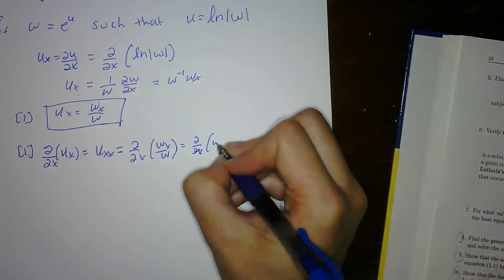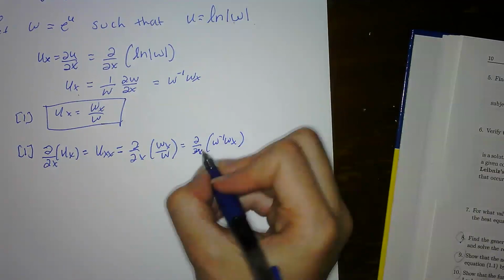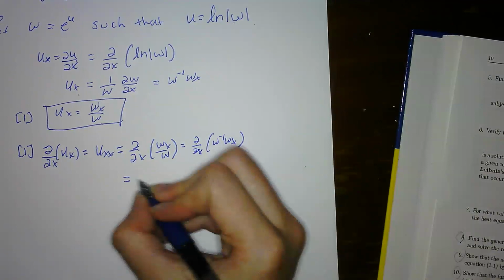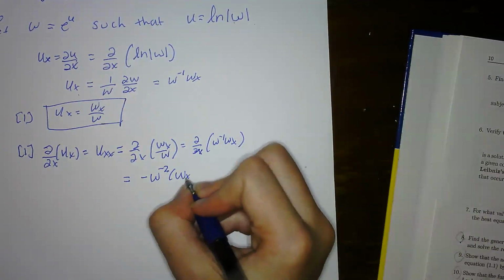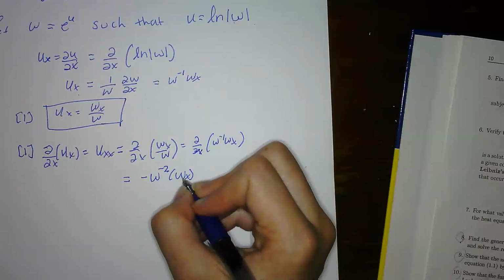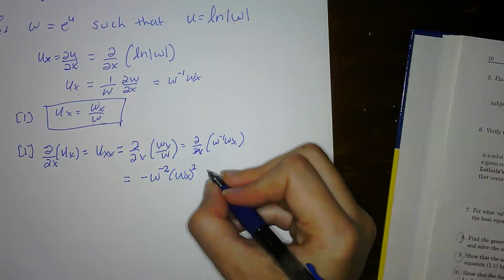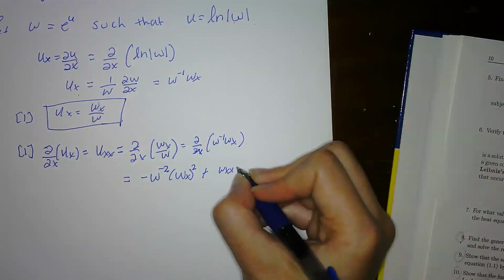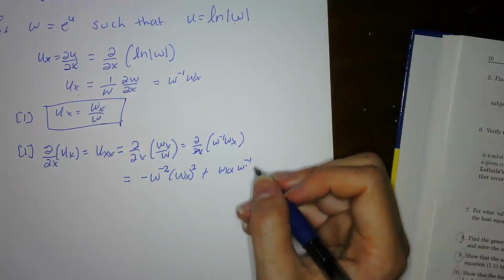So I can do the product rule. And what we'll get is that when we take the derivative of the first term, we end up with negative w to the minus 2 times w sub x. But the derivative of this guy is another w sub x, so we end up with w sub x squared, plus the derivative of this guy, which is w sub xx, and then we carry that guy along, w to the minus 1.